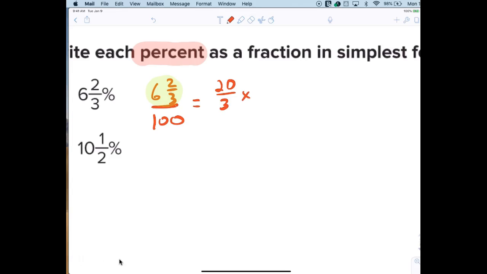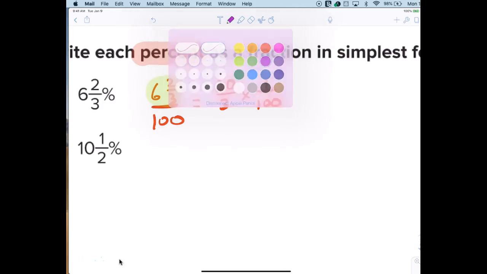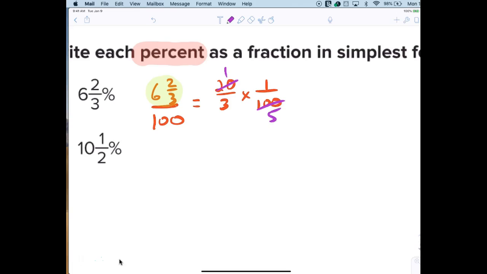Then you cross out the 20, make that a 1, and cross out the 100, make it a 5. So that becomes 1 over 15. Is that a percent? No, it's not a percent, because a percent can be written as a fraction. All right, now everybody take your calculator out and do 6 2/3 divided by 100.